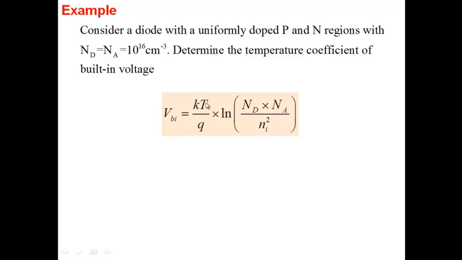But then we know ni is a very strong function of temperature. So as T increases, this term increases, but ni increases. So it's a question of which one is stronger. Nd and Na, we are assuming that they're all ionized, right? I'm talking about going from room temperature to higher values.